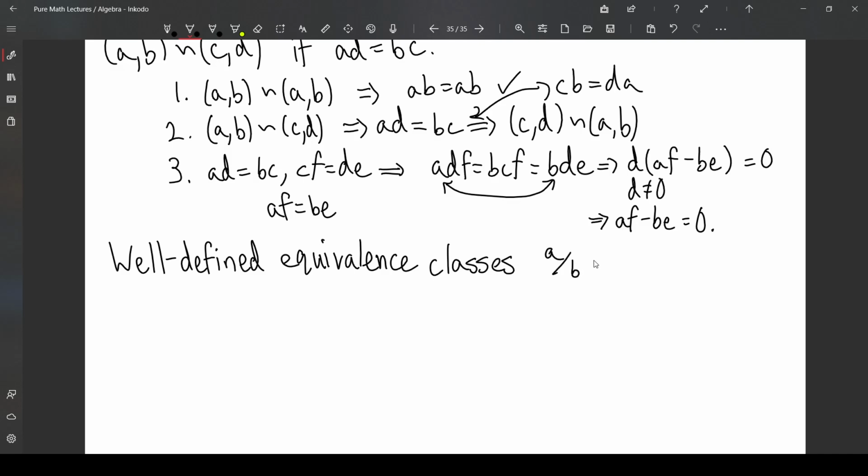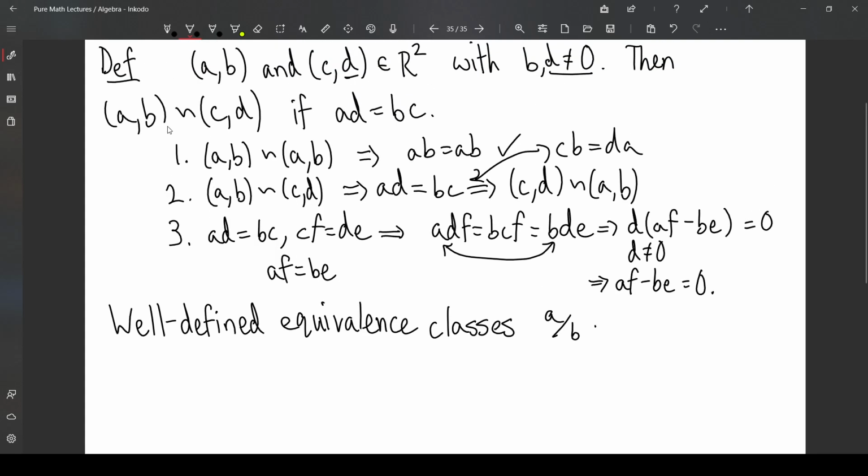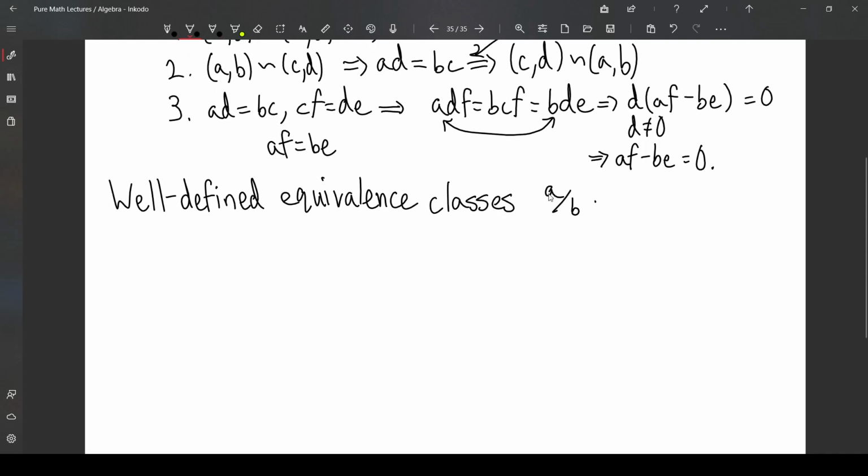So A over B stands for an equivalence class of pairs (A, B), and so we could choose two different pairs so long as they're equivalent, right? So a fraction has two different pairs. And so A over B is the equivalence class for (A, B). Of course, we could pick any other representative, and it would be the same equivalence class.